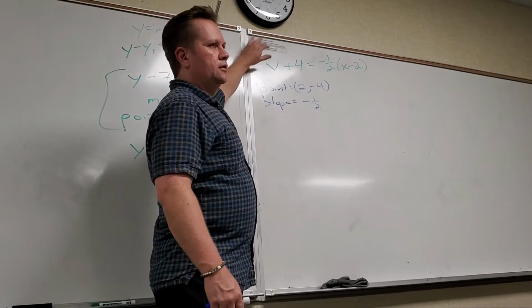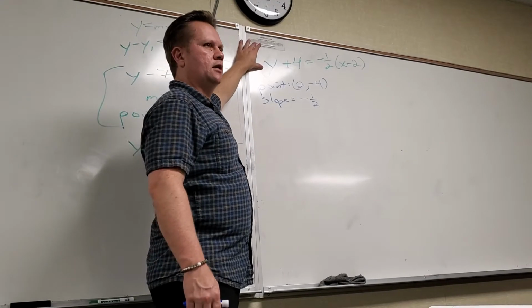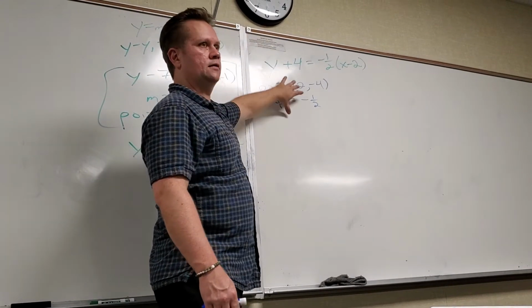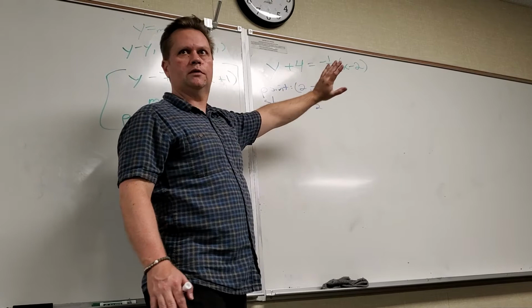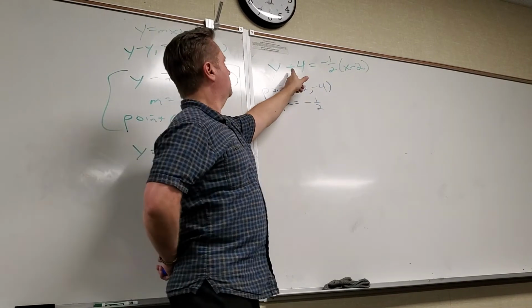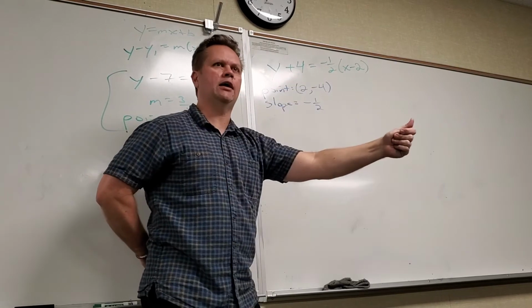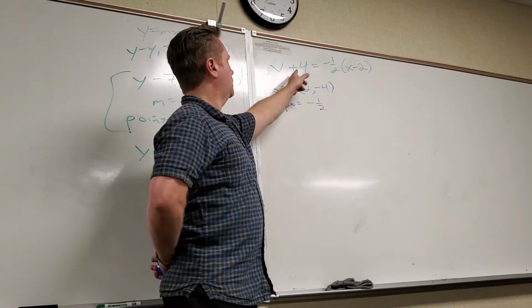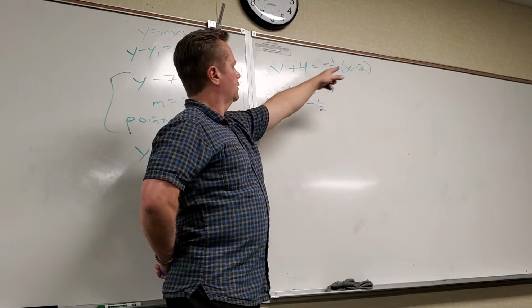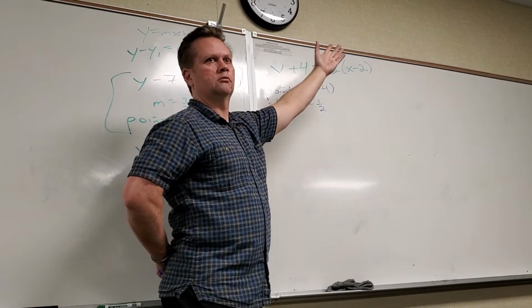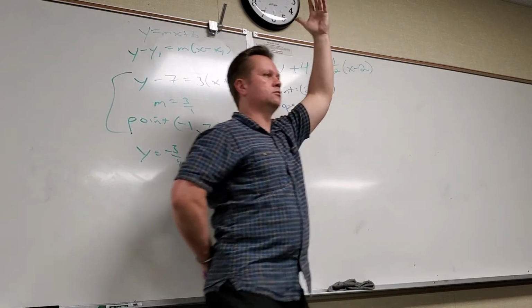So I didn't want you to solve this. I want you to be able to use it as it is to tell me these. Is everybody cool with this? You guys see that? That's a plus 4. The equation has a minus there, so that y piece has to be negative 4, since minus a negative is positive. The x piece is 2, because it's x minus the x piece, and that's 2. Yay.